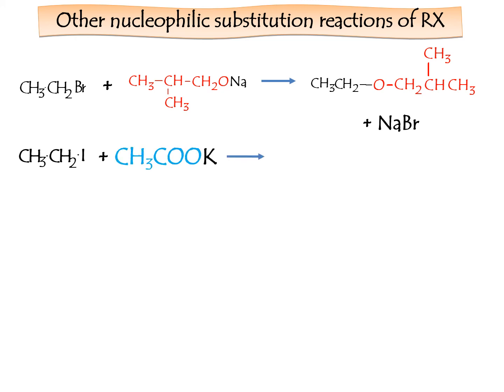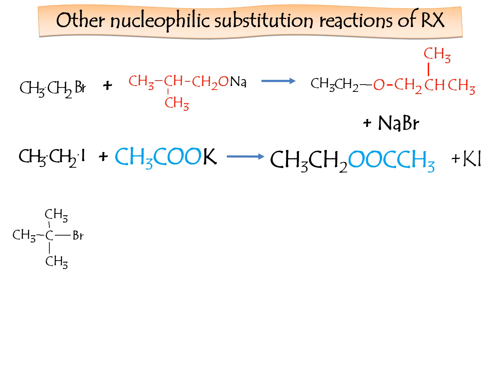Next example, haloalkanes react with carboxylate ion from a salt. In this salt, the carboxylate ion is CH3COO-. Carboxylate ion with 2 carbons is called ethanoate ion. The carboxylate ion substitutes halogen atom iodine from haloalkane to form an ester, and the side product is KI.